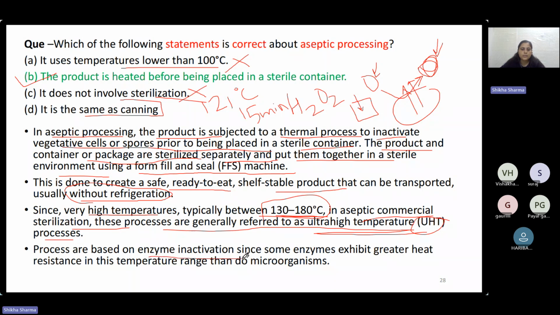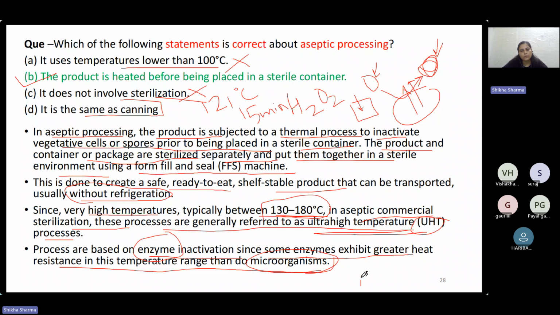is based on enzyme inactivation, since some enzymes exhibit a greater heat resistance range than microorganisms. So sometimes the undesirable enzymes will have a higher heat resistance than even the microorganisms. So the target temperature will be chosen based on the most resistant one, either the enzyme or the microorganism.